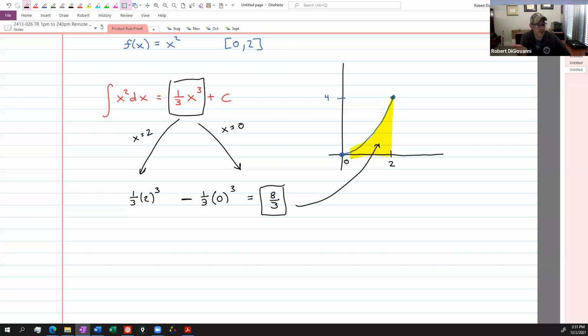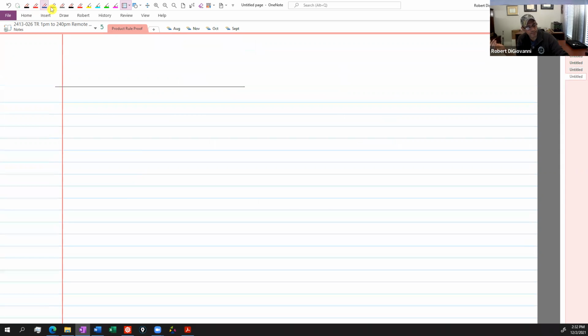So when would you ever care to know the area under a curve? When would that ever be important? Well, think about this. Let's say I give you a function where this is time and this is velocity. I'm measuring the velocity at every point in time. Think of it like your speedometer.